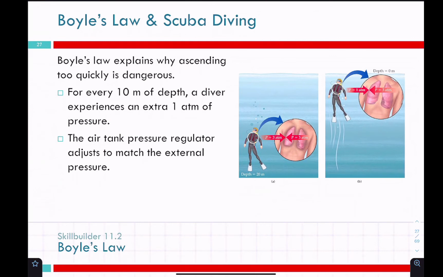And so there's an air pressure regulator on their tank, because as they go down, their air pressure coming out of the tank needs to match the pressure in the water around them. Because as you're going down, there's more water pressure pushing in on your entire body, but in this case specifically your chest cavity. And so if the pressure coming in from the tank doesn't match the pressure outside, you won't be able to take a breath.